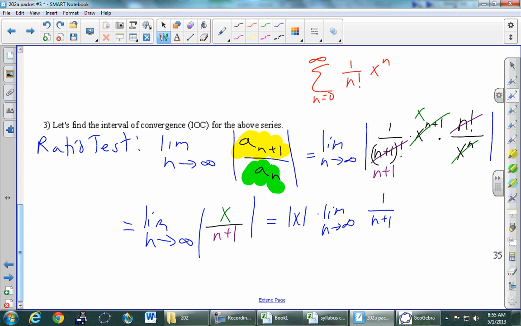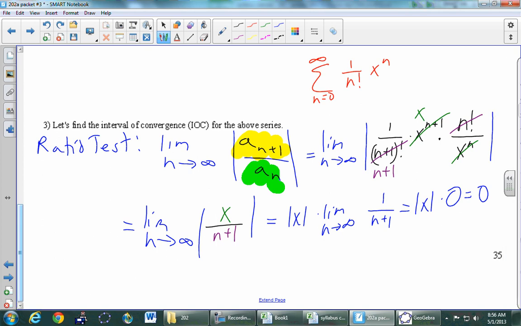It was really the x that could have been negative, and it still needs the absolute value. Okay, what is this limit as n goes to infinity? It's 0. So the whole thing is just 0, which is one of our special cases. Is 0 very good or very bad for the ratio test? It is very good because 0 is always less than 1, which is the magic ratio test number.